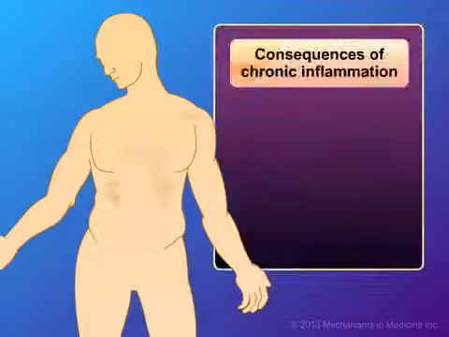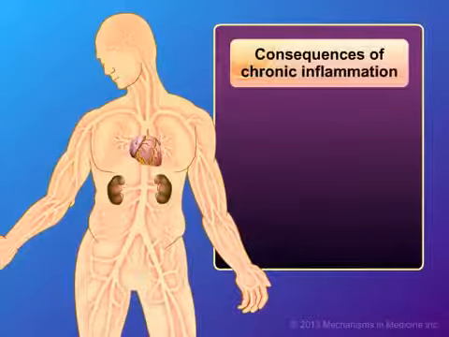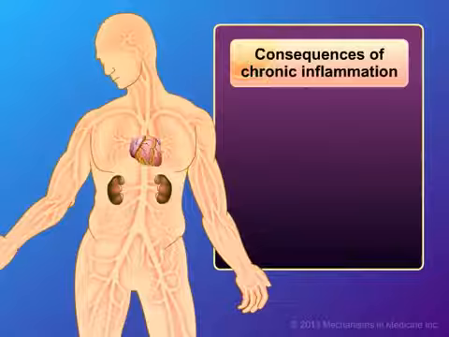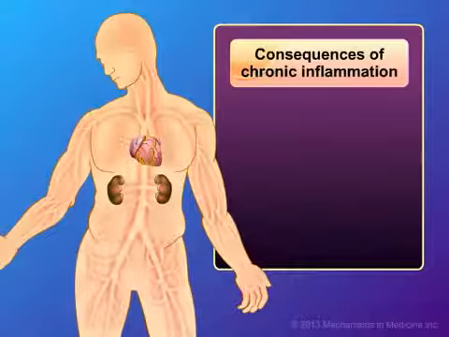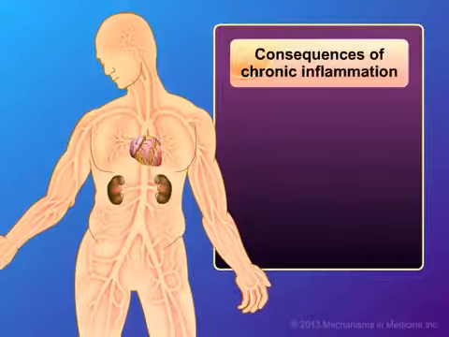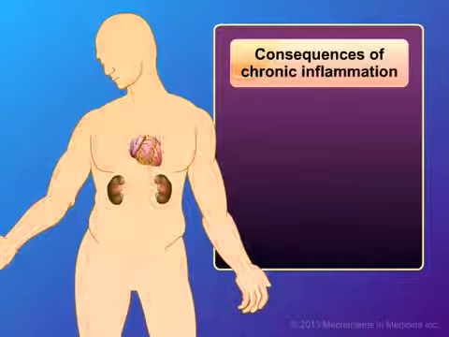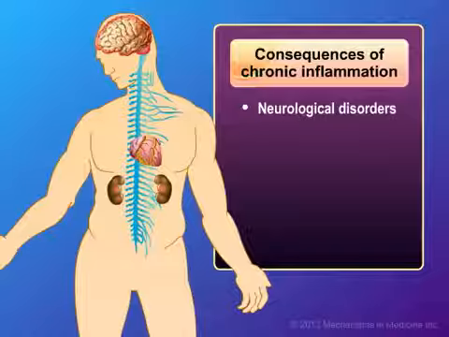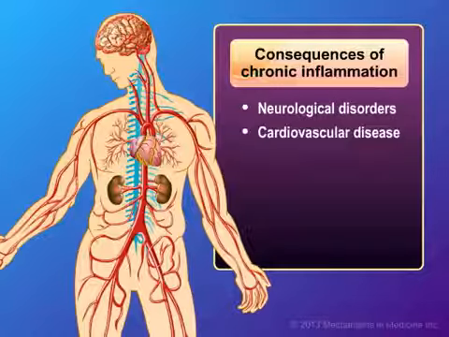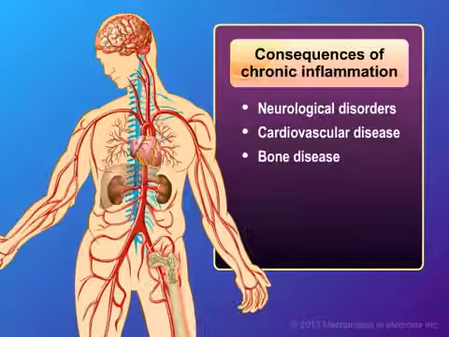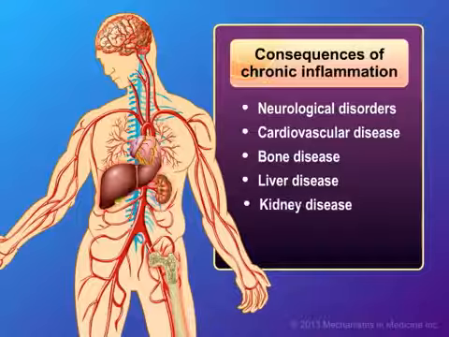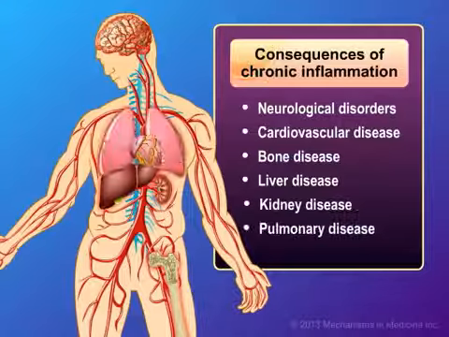The consequences of chronic inflammation, despite effective suppression of HIV replication with ART, is an area of active research, but may lead to damage to multiple organs with increased risk for common diseases, such as neurological disorders, cardiovascular disease, bone disease, liver disease, kidney disease, and pulmonary disease.